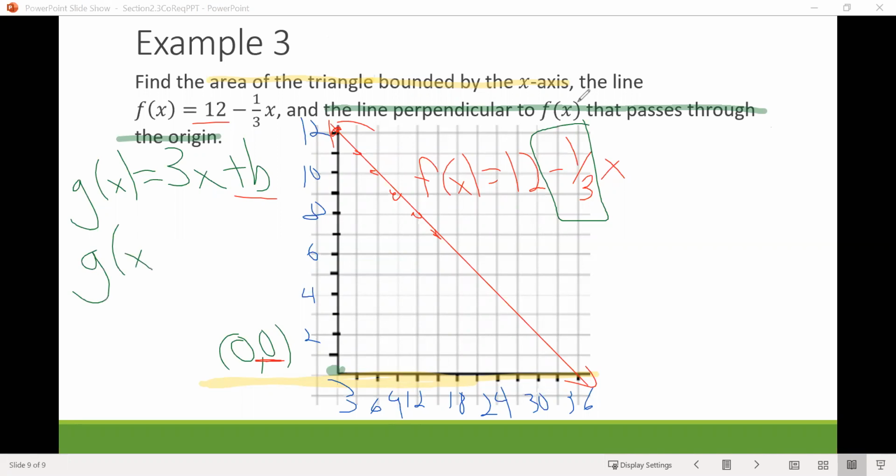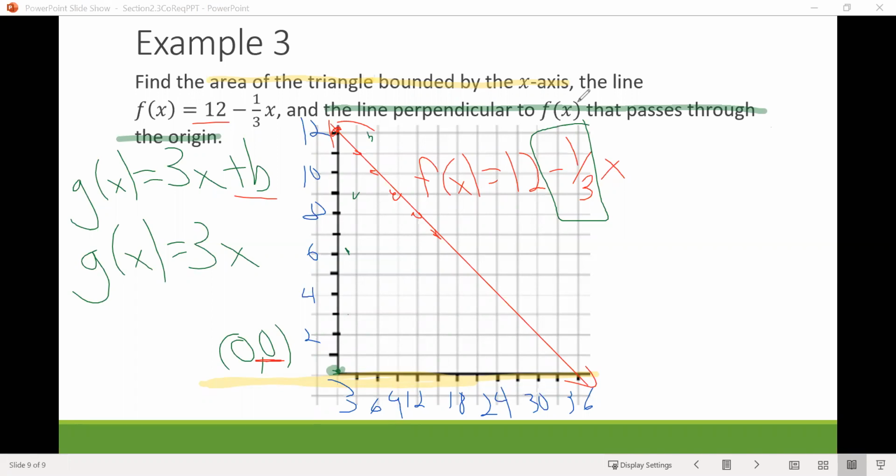So what we're looking at here is a function g of x equals 3x. Starting at the origin, since that's my vertical intercept, go up 3 over 1, up 3 over 1, and then up 3 over 1.